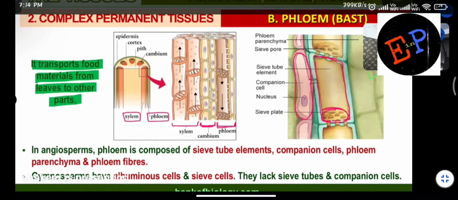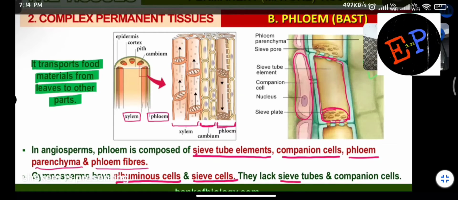Clear, no? Okay. So in angiosperms, phloem is composed of what? It is composed of sieve tube elements, companion cells, phloem parenchyma and phloem fibers. These are the structures present in angiosperms. Next, in the case of gymnosperms, you will have albuminous cells and sieve cells.